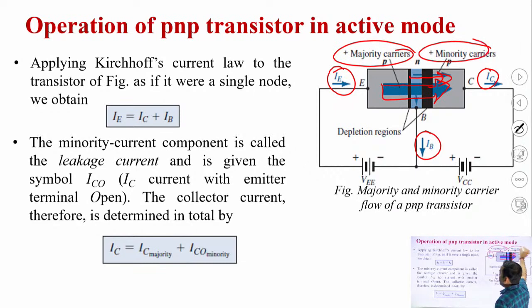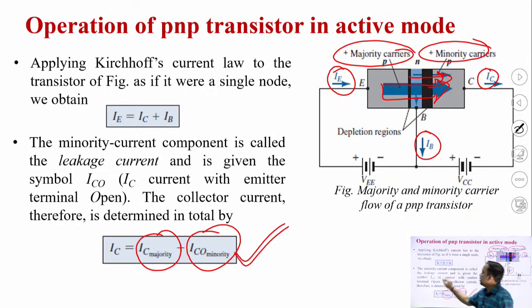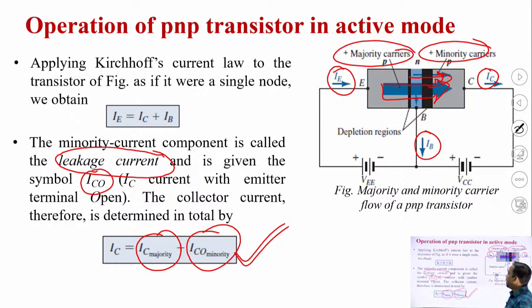So IC, the collector current, is due to both majority charge carriers and minority charge carriers. This minority current is also known as the leakage current, and we can represent this by ICO, meaning the collector current when the emitter is open circuited.